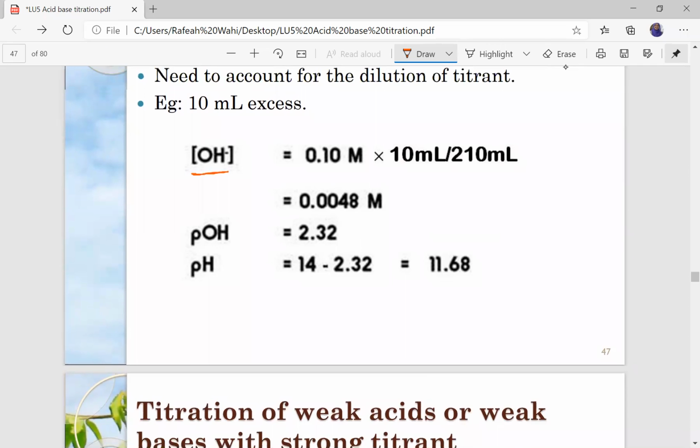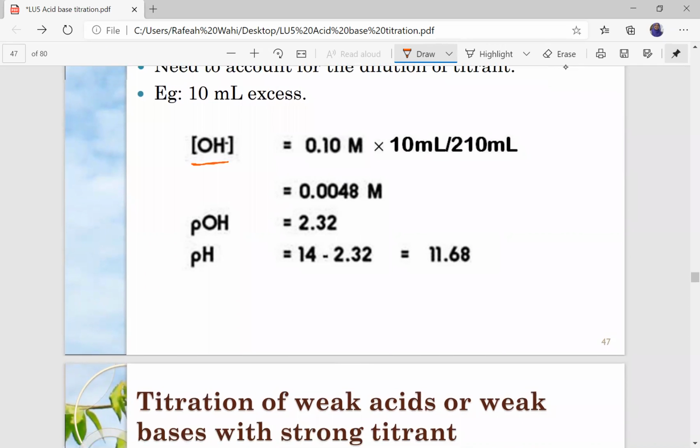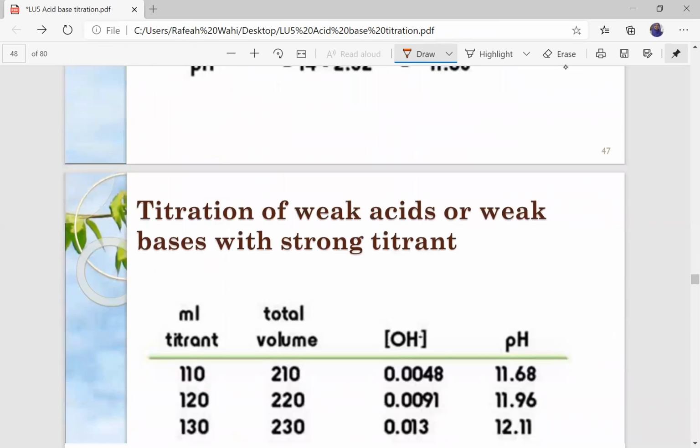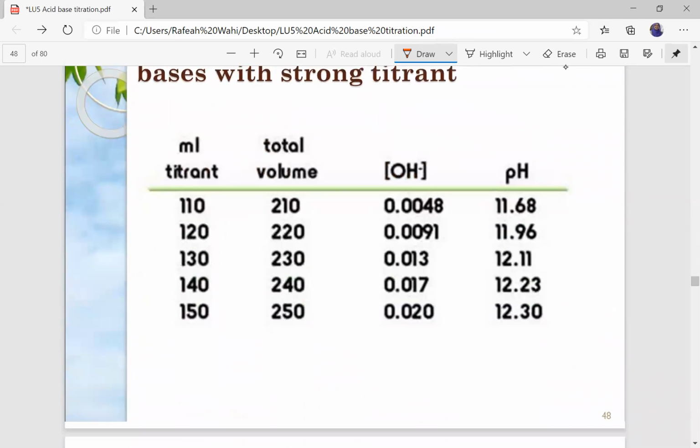So from there, you have to calculate the excess hydroxide ion. Why? Because you start with a weak acid. So at equivalence point, it becomes basic, and after equivalence point it becomes more basic. Okay, so the pH will increase, so that's why you are calculating the excess of hydroxide ion. So from there you can have the pH.